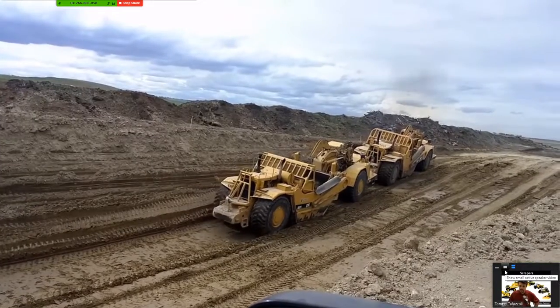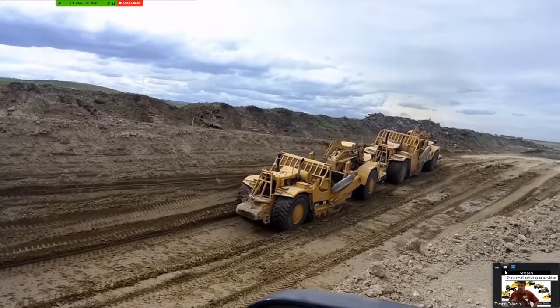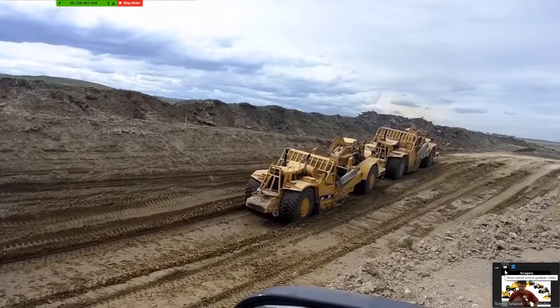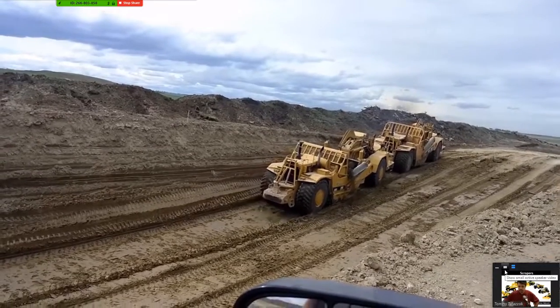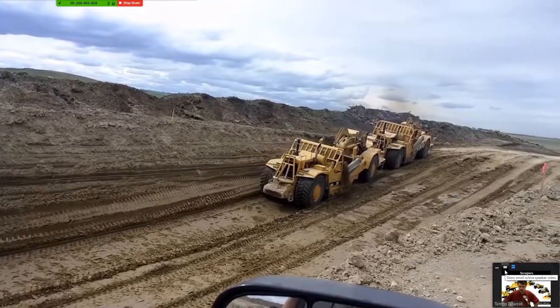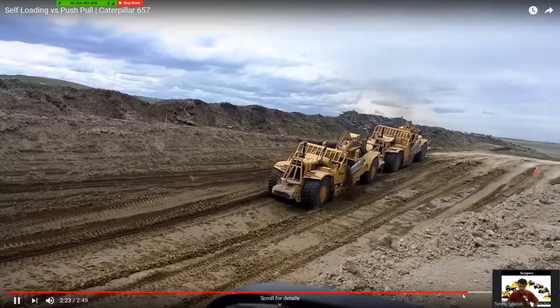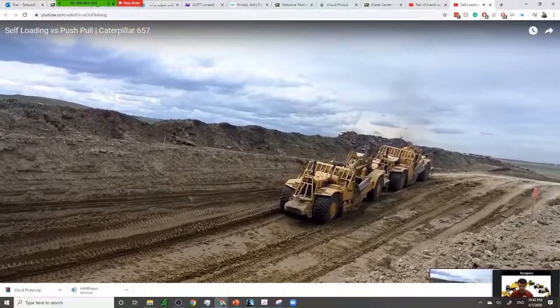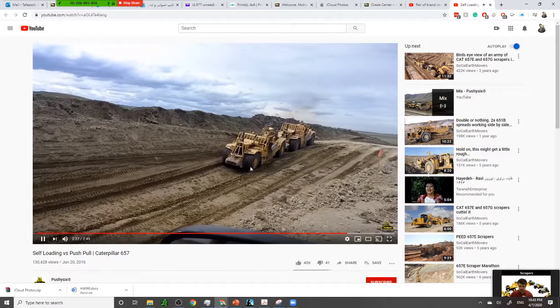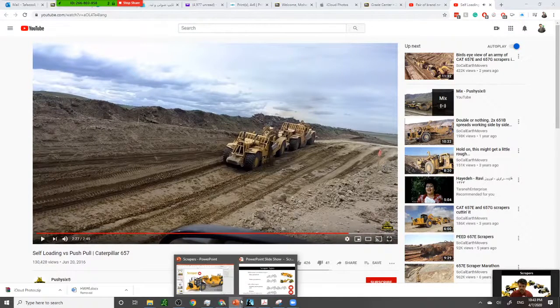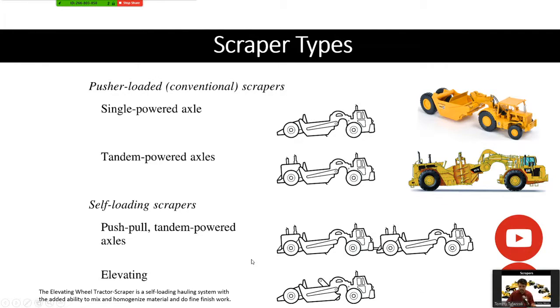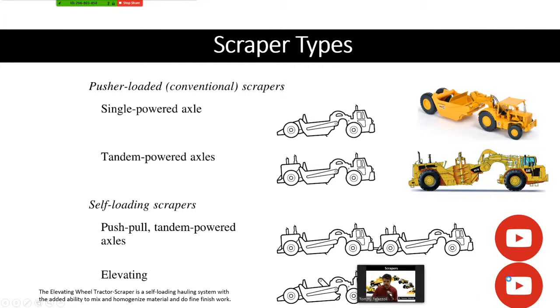I mean, the machines won't have to go back and forth a lot. So this is how push-pull or tandem-powered axles work. And another video for elevating scrapers.